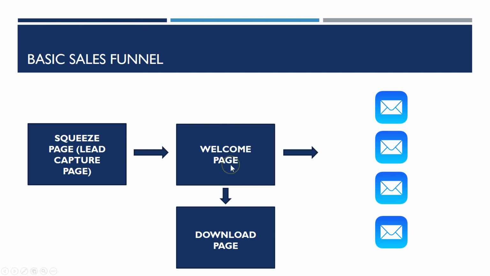From there, they go to the welcome page. What we talked about in that welcome page is you creating a 60 to 90 second video telling them the next step, which is that they are now going to go to their email to get the information. You're training them to go and check their email to get that video, which is the download page.